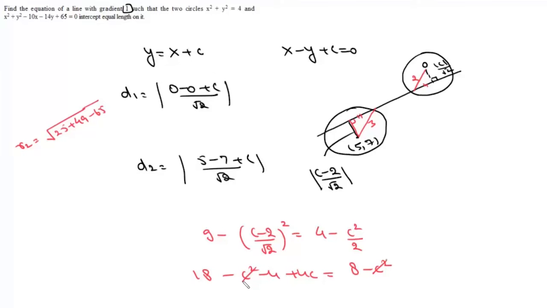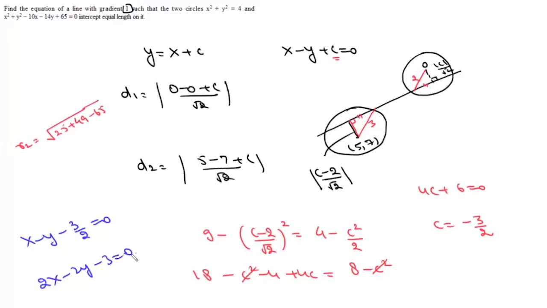Now this c square will cancel. Now this is 4c plus 6 equals 0. So the value of c is minus 3 by 2. Now if you put c as minus 3 by 2, we'll get this equation as x minus y minus 3 by 2 equals 0, or simply 2x minus 2y minus 3 equals 0, and that is the answer to this question.